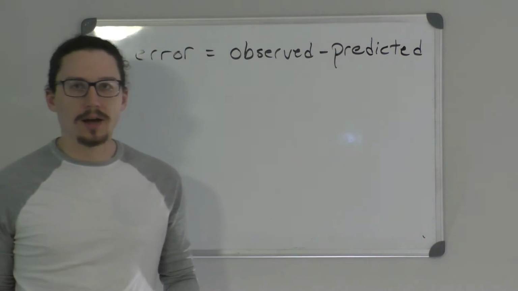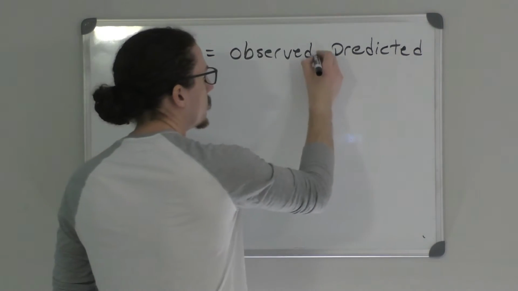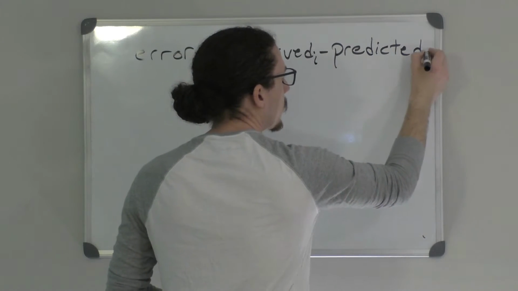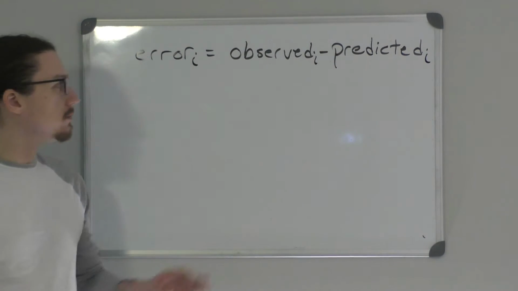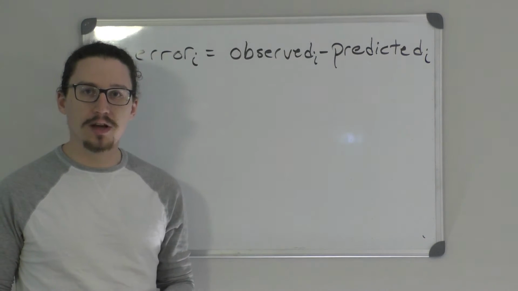So just writing that out, our error term, we could even throw some i's on there if we wanted to, is just the difference between the observed value and the predicted value.